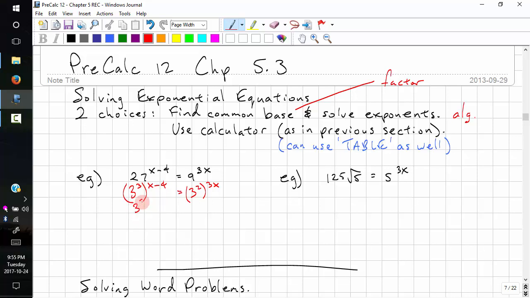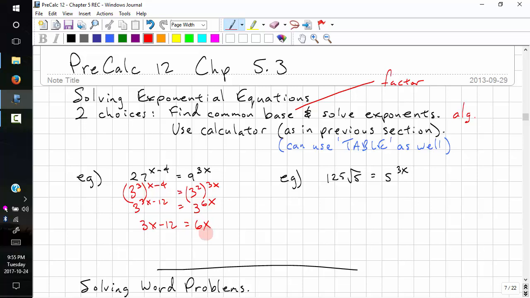This is 3 to the 3x minus 12, and we have 3 to the 6x. So we're just multiplying. Now that the bases are equal, we can just solve for the exponents. 3x minus 12 equals 6x.